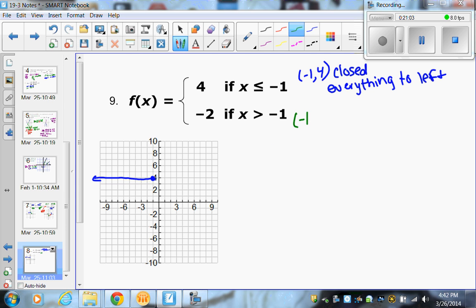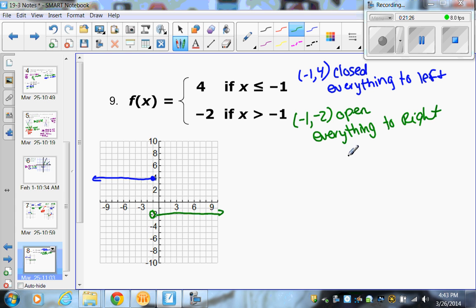This one's going to give me (-1, -2), but it's not equal to, so it's going to be open. And greater than means everything to the right. So at (-1, -2), we have an open hole, and then everything to the right. And we are finished.